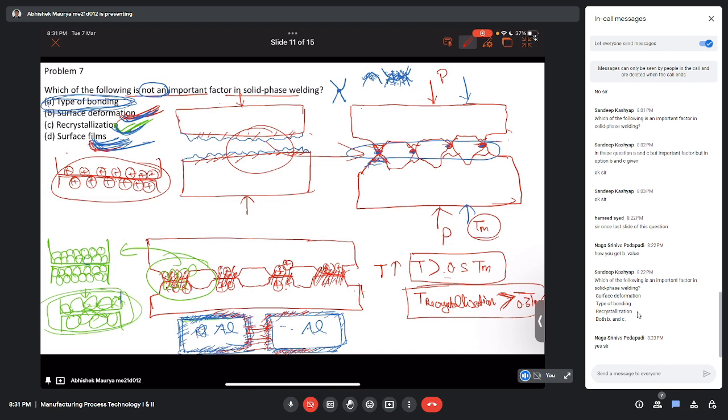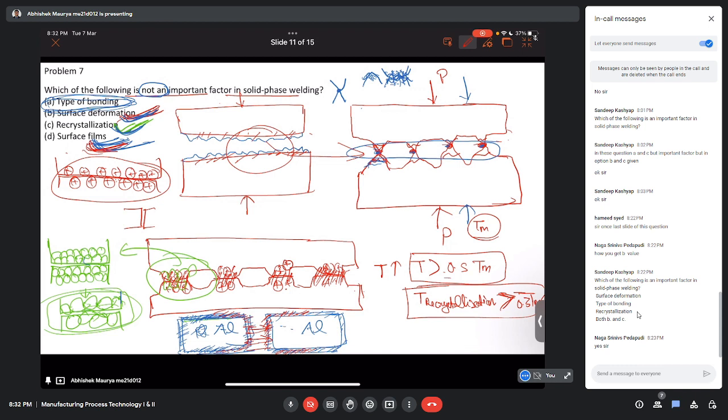So these three are responsible, and these three things we can control. And the type of bonding, this is not in our control. If we talk about metal to metal, the only possibility is that they can be joined by a metallurgical bond, and that is beyond our control. We cannot change that type of bond.